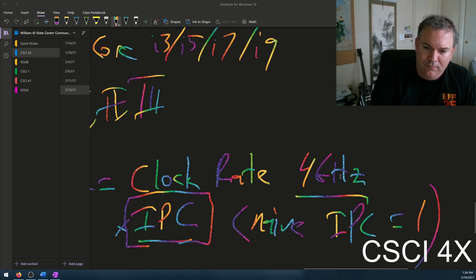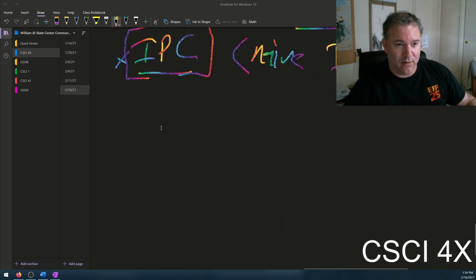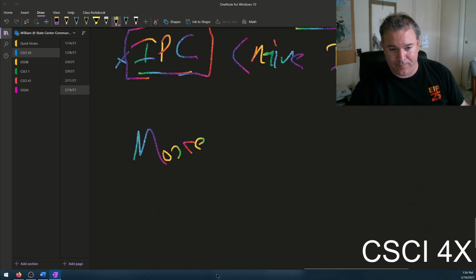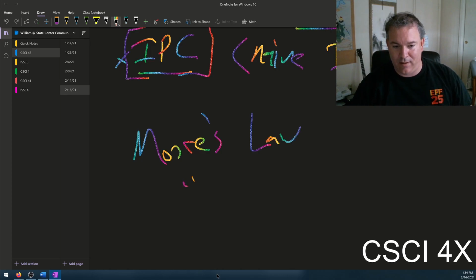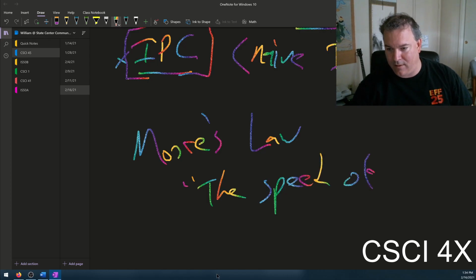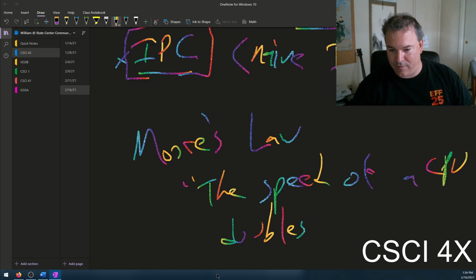For a long time, the clock rate was the thing that was driving performance. There's a concept in architecture called Moore's Law, right? A lot of people took this to mean the speed of a CPU doubles every 18 months.